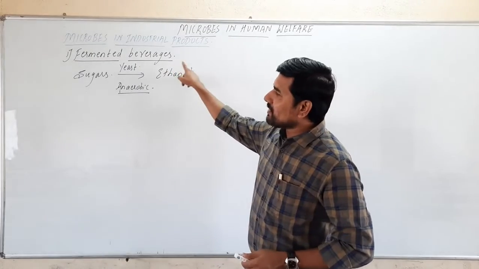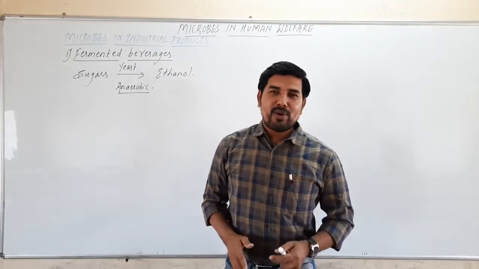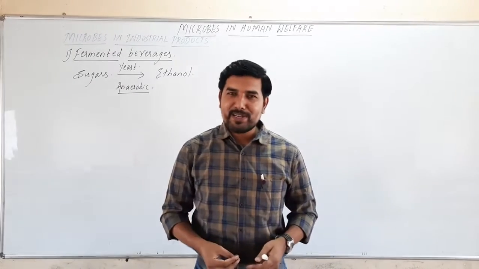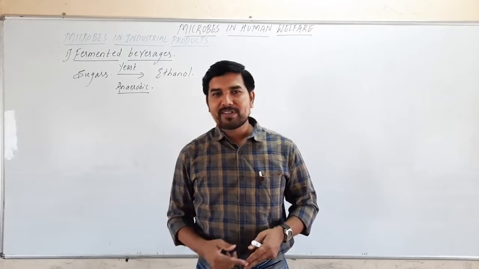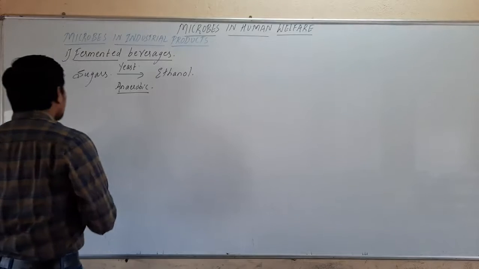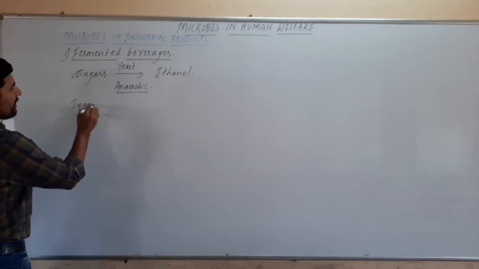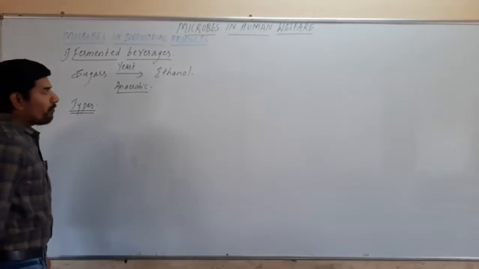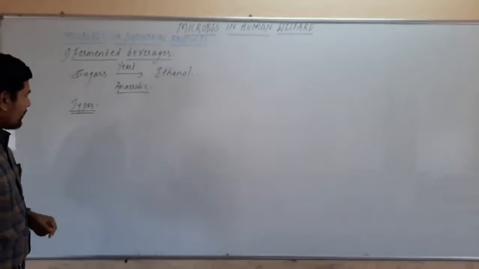Then regarding the fermentation of the beverages, sugar is converted into ethanol. With this ethanol, in different ratios and different percentages, different types of alcoholic products are produced. Let's study what those are. In the types, there are majorly two products produced by the fermentation process.